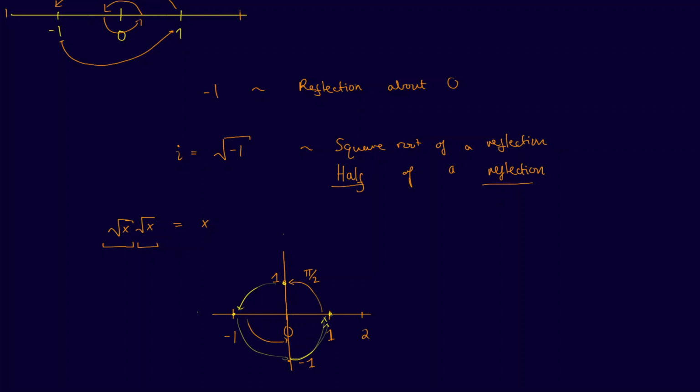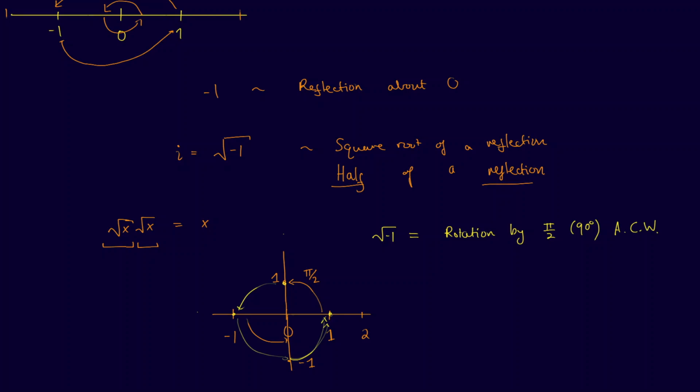So the answer is the square root of -1 is really a rotation by pi on 2, or 90 degrees, anti-clockwise. Now there was a choice here. What was the choice? Have a think about that for a second. I could have made another choice here.